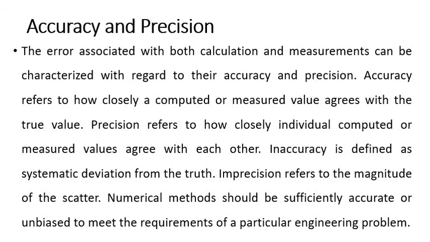Precision refers to how closely individual computed or measured values agree with each other. Inaccuracy is defined as systematic deviation from the truth. Imprecision refers to the magnitude of the scatter. Numerical methods should be sufficiently accurate or unbiased to meet the requirements of a particular engineering problem.